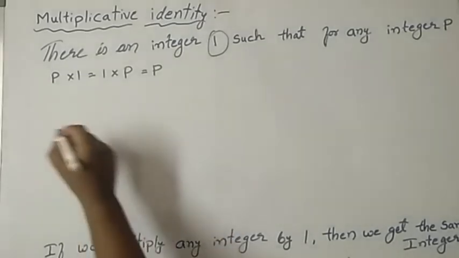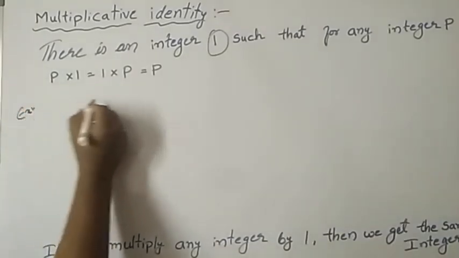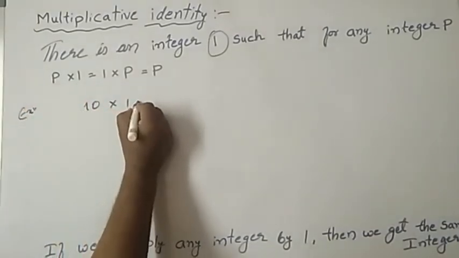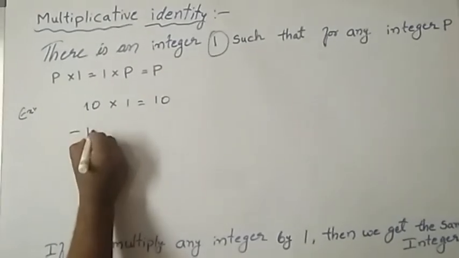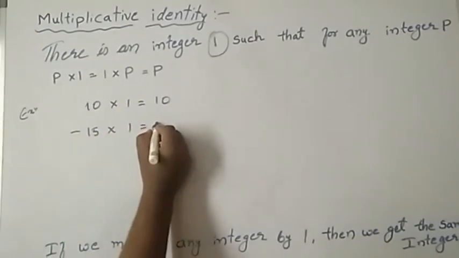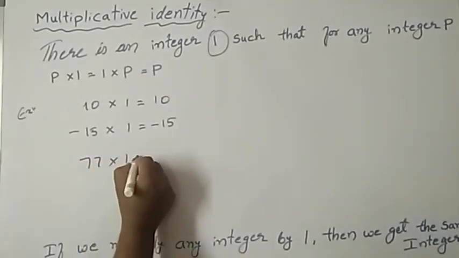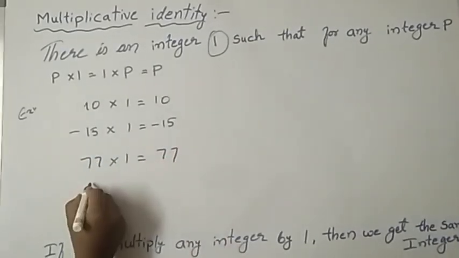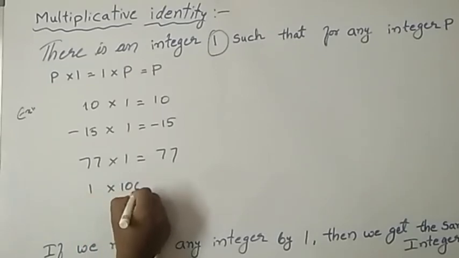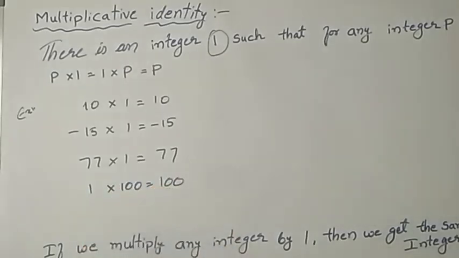Here I am taking an example. 10 into 1 equals 10. Minus 15 into 1 is minus 15. 77 into 1 is 77. 1 into 100 is 100.